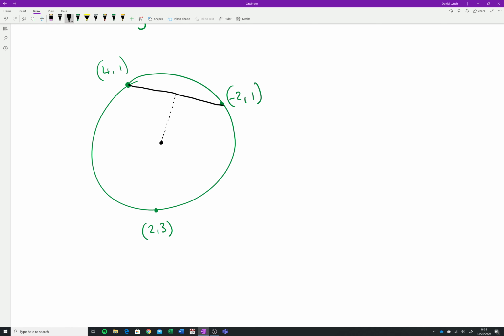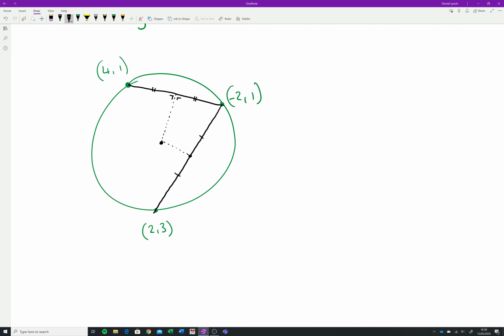Okay, and if you take another chord, we could have chosen the other one there, by the way. And if you cut this line in half, well, it's about there. And if you draw the line which is also a perpendicular bisector of it, it is going to land at the center.